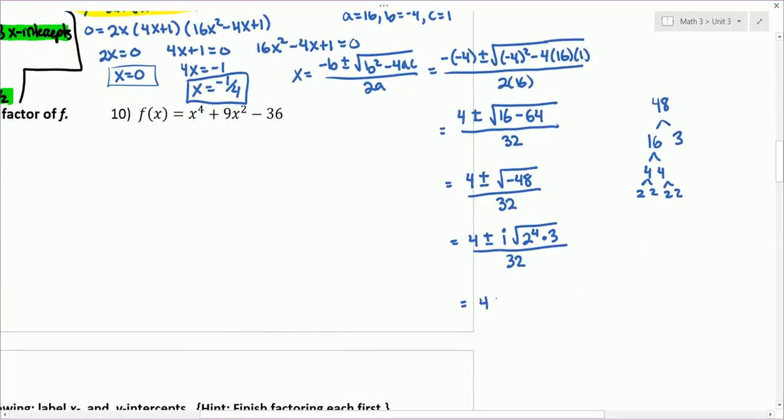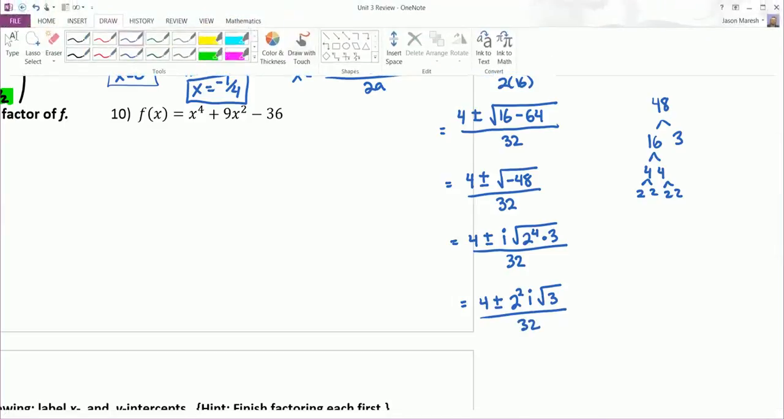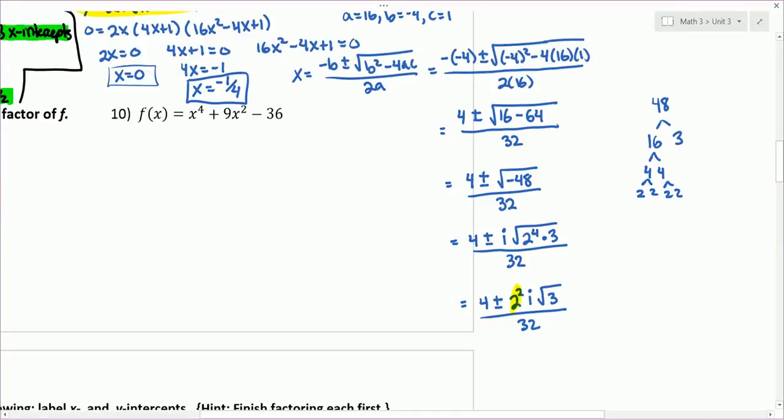So now we have 4 plus or minus 2 squared i square root of 3 over 32. The 2 squared came from the square root of 2 to the 4th. You end up cutting your exponent in half.